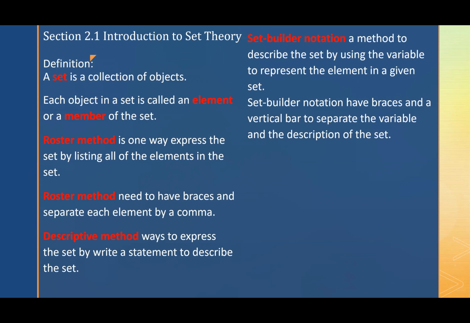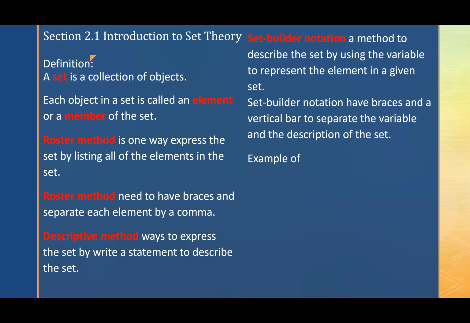You just write in words, in a sentence, and describe what kind of set you have. And the last one, which is probably the most confusing one, is the set builder notation. This is why I tell my students that it basically takes the description of the set and puts it inside a roster method.